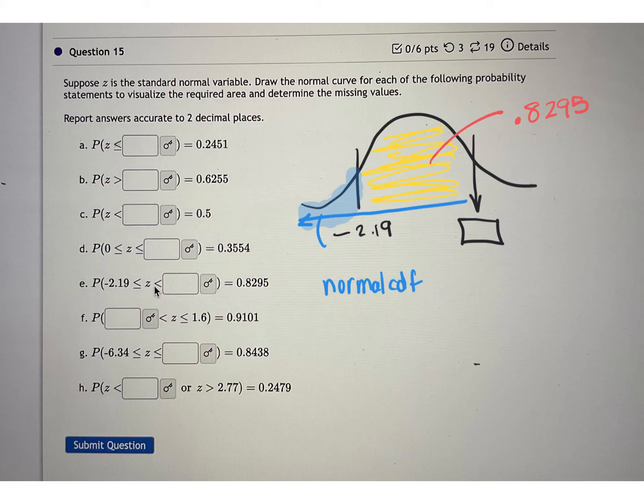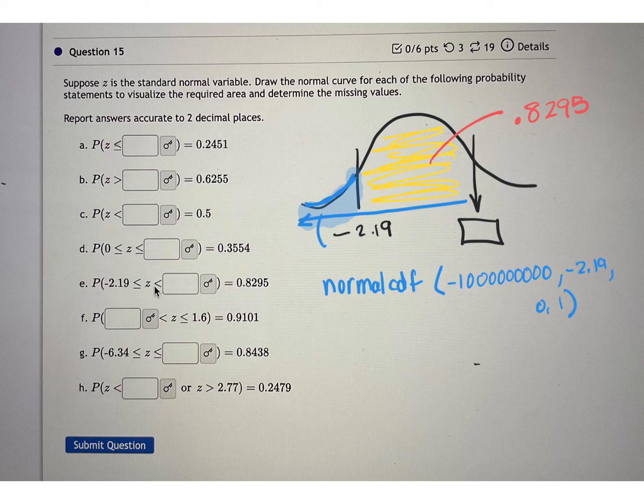That's going to tell me how much area is underneath this curve. So I'm going to do normal CDF. Okay. I'm going to use negative infinity or -1 with a whole bunch of zeros, all the way up to -2.19. Mean is 0, standard deviation is 1.